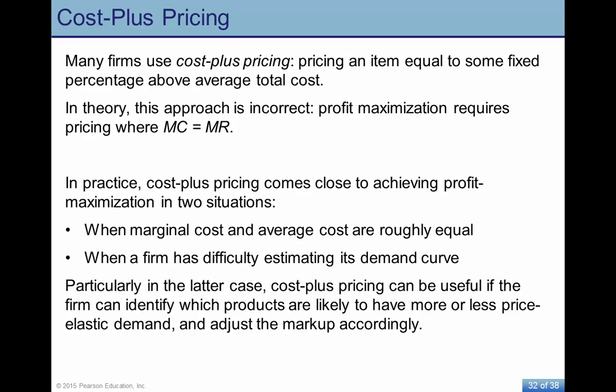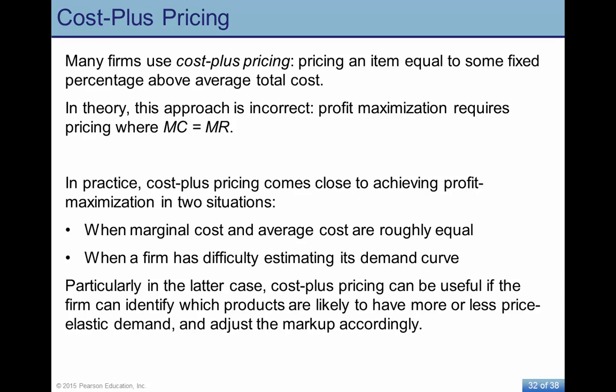Profit maximization requires pricing where MC equals MR. In practice, cost plus pricing comes close to achieving profit maximization in two situations: when marginal cost and average cost are roughly equal, and when a firm has difficulty estimating its demand curve.